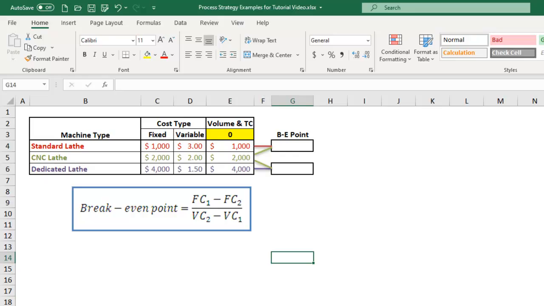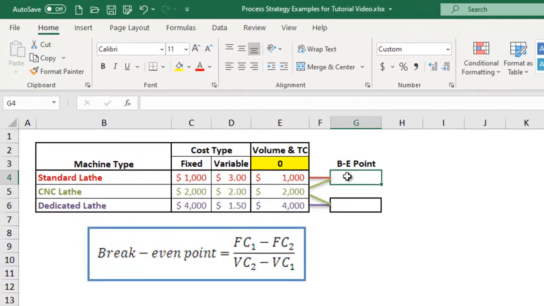Now, the break-even equation, as found in the textbook, is equal to the fixed cost of one process minus the fixed cost of another process divided by the variable cost of the second process minus the variable cost of the first process. So to do that, I'm just going to write this into Excel, and I need to open up parentheses to make sure we have the numerator and denominator isolated.